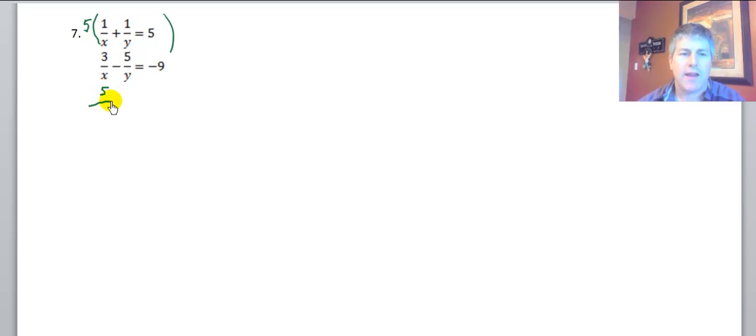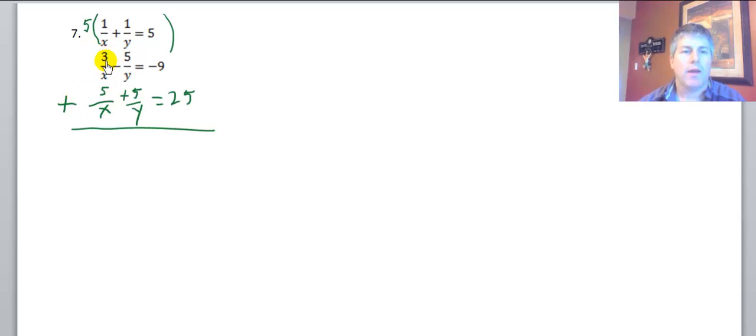which would give us the fraction 5 over x plus 5 over y equals 25. Now I have equal and opposite numbers here with the y's, and I have a common denominator, so I can simply add that up.